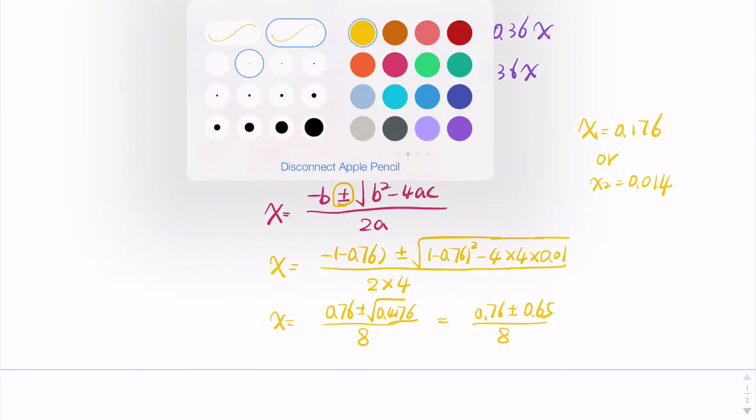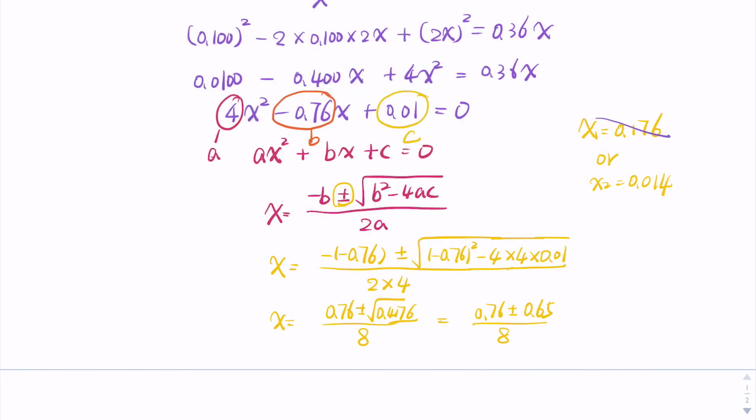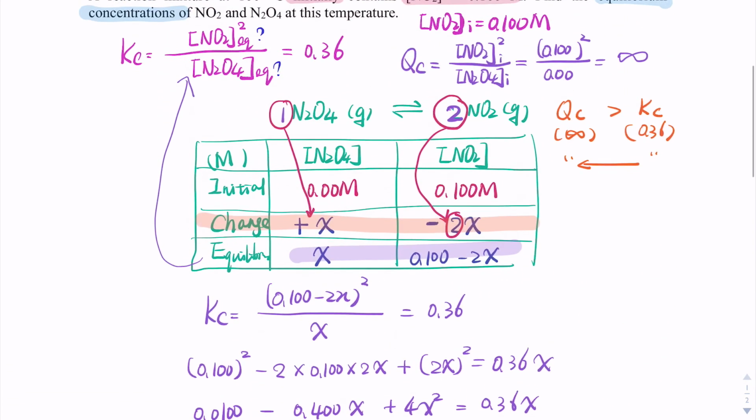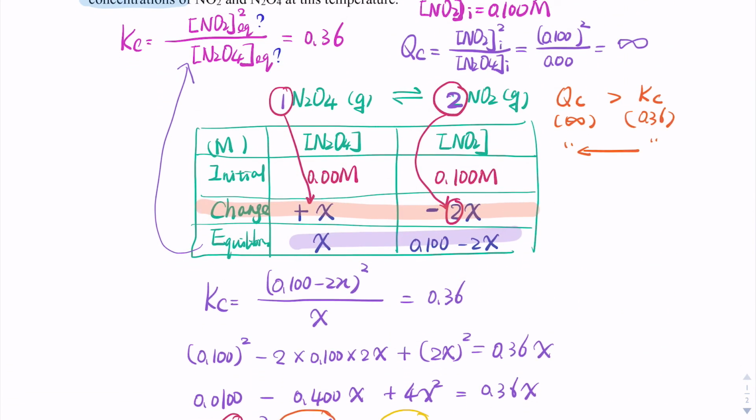The one that won't make sense is this one. Why? Let's go back and look at our expression. If this x equals 0.176, when you put it into this expression, you will have 0.1 minus 2 times 0.176, which gives a negative value.